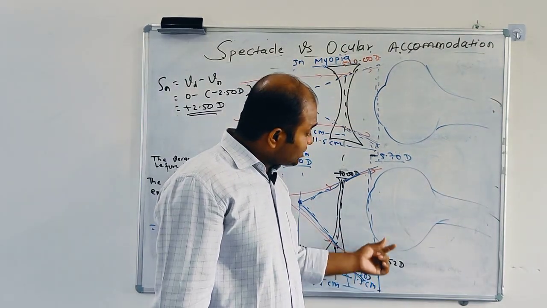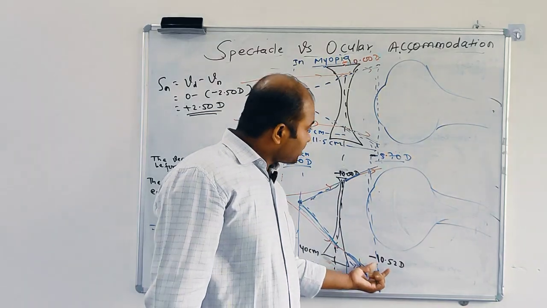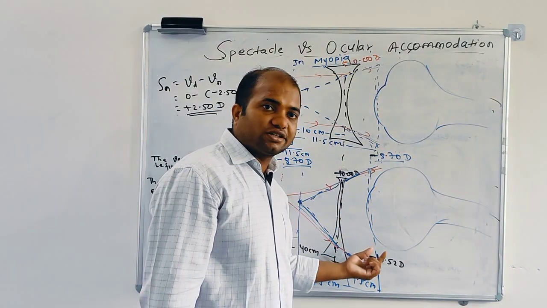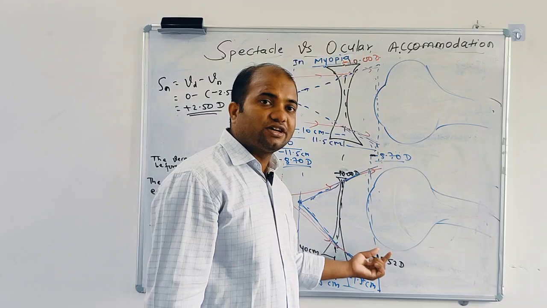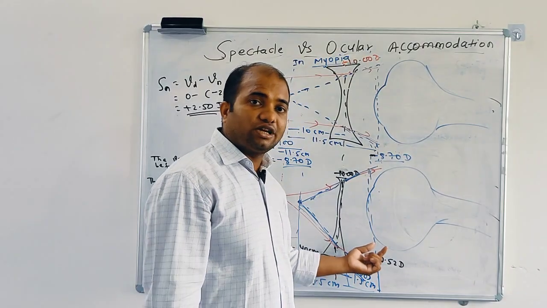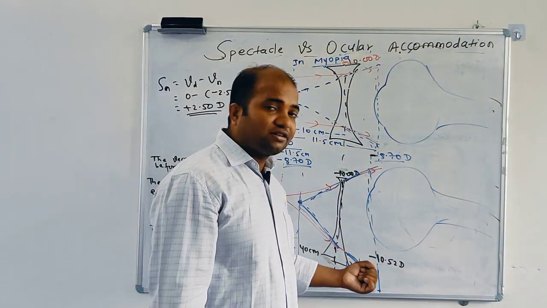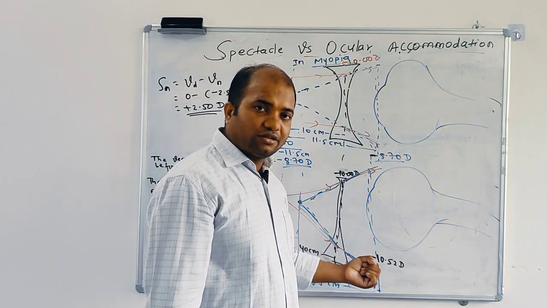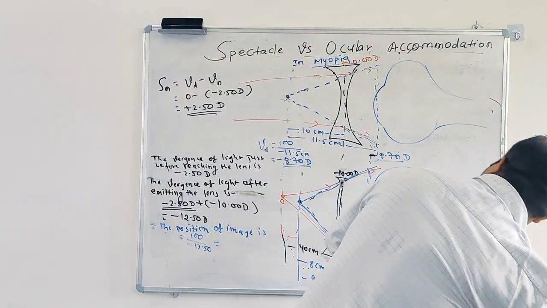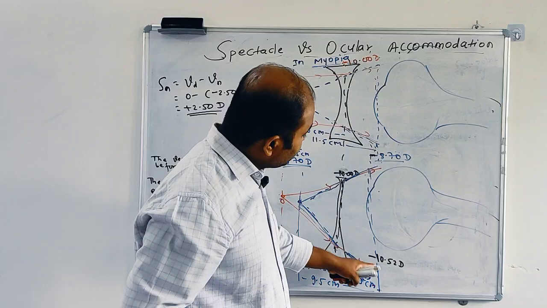So how much accommodation is required? That depends upon how much change there is in the Vergence. How much negative change is there in the Vergence? The accommodation will be stimulated. If it is a positive change, then accommodation will be relaxed. So we are going to see the changes. Here of course minus has increased.